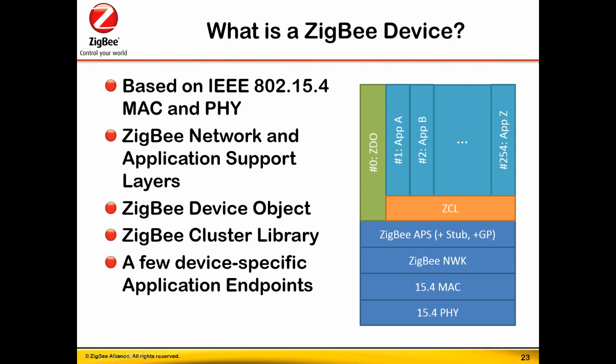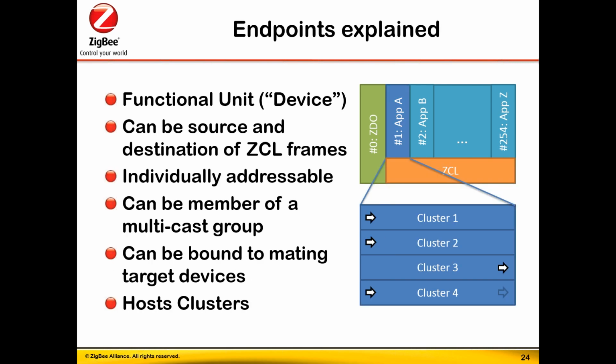The other ones are reserved for future use. And you have the ZigBee device object, which is a kind of management endpoint. It's always on endpoint number 0. And all other endpoints are built on the ZigBee cluster library. So next slide, please.